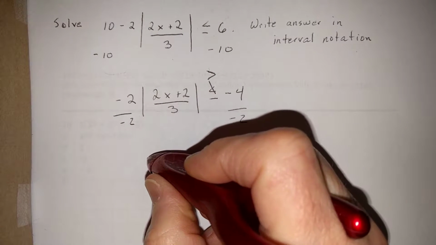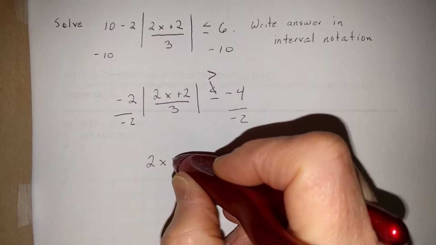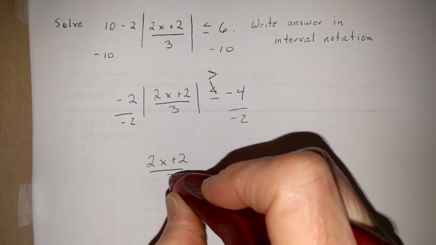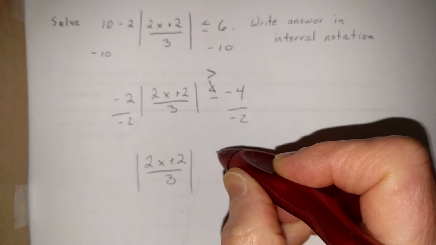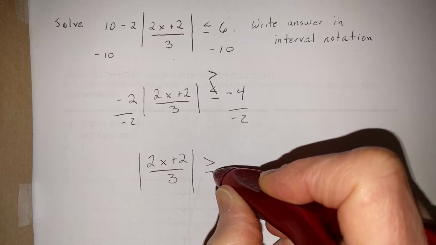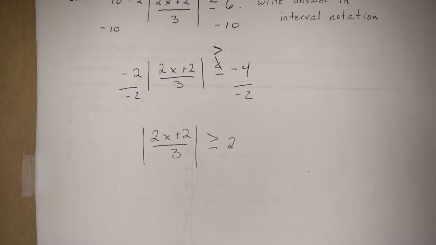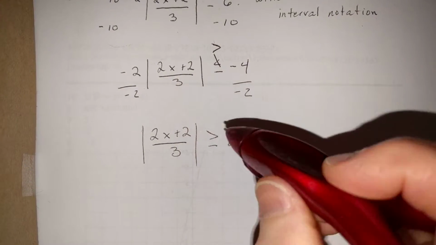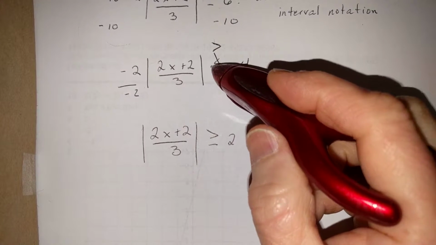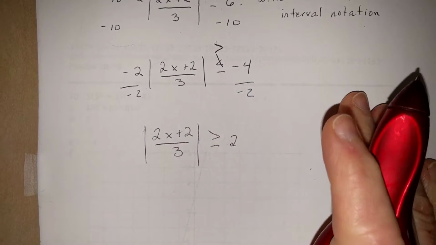So this will give me the absolute value of (2x plus 2) divided by 3 is greater than or equal to 2. Again, when I multiply or divide by a negative number in inequalities, I must change the direction of my sign of my inequality.